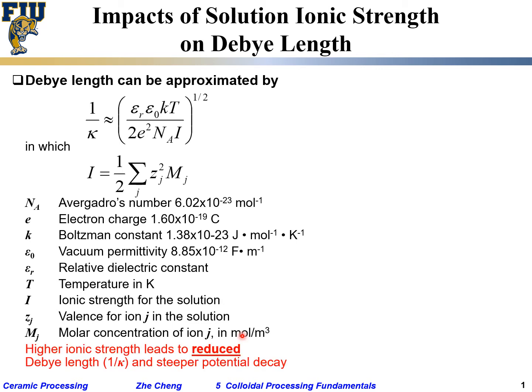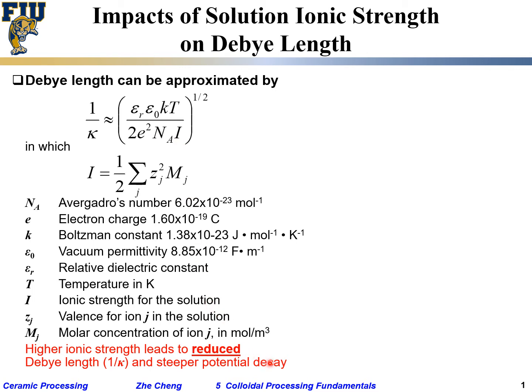Okay, so typically from this equation, you are going to see the higher the ionic strength, higher I. If based on this equation the I term increases, what happens to this 1 over kappa, the Debye length? I increase, everything else constant, then this whole thing, 1 over kappa, will decrease, okay?